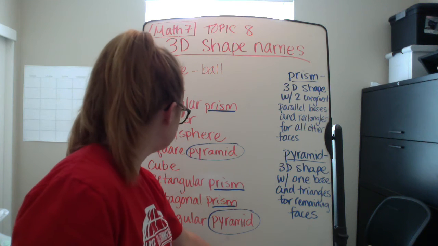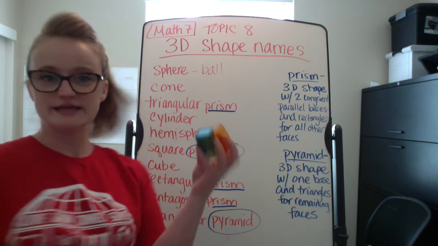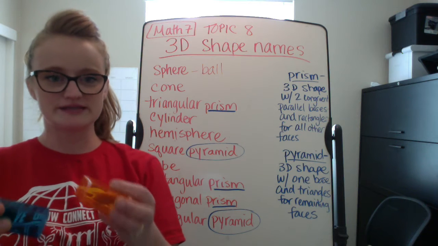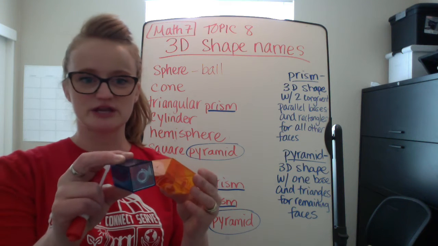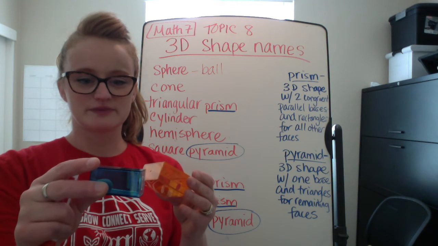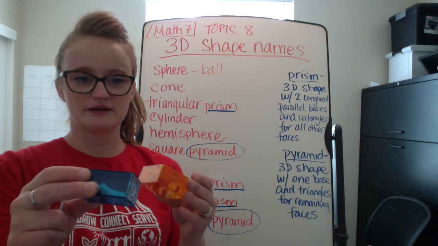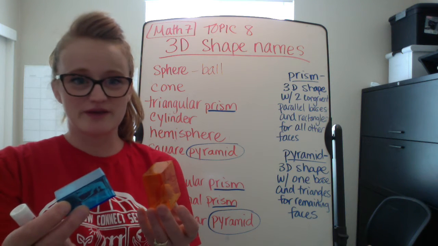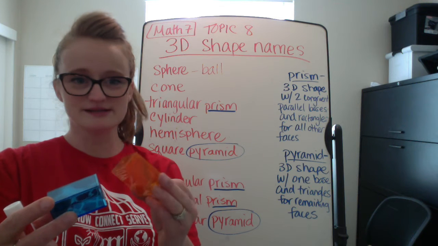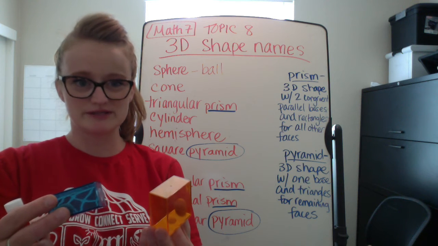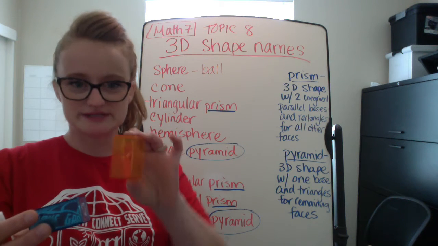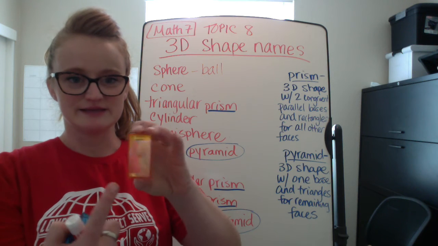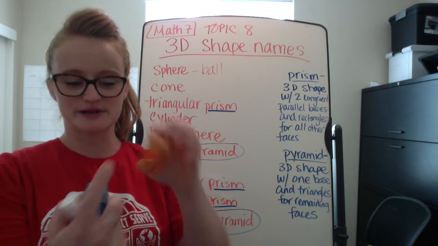A cube is a little bit different than a rectangular prism. These are rectangular prisms, a little bit different shapes. I like to just say a rectangular prism is a box, so we can have all different shapes and sizes of boxes. We can have different size rectangles that are extended out, because this face is the same as this face right here.